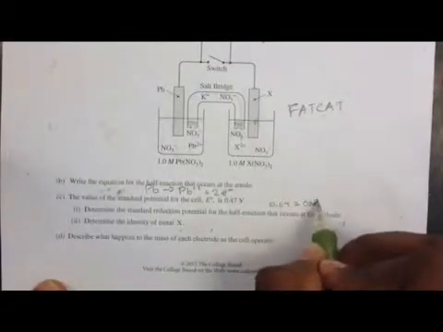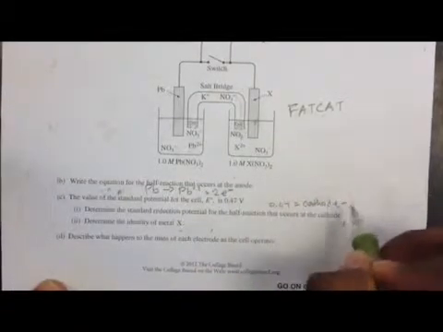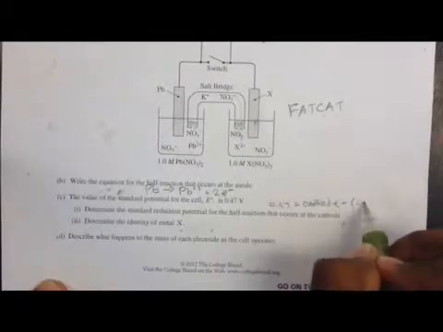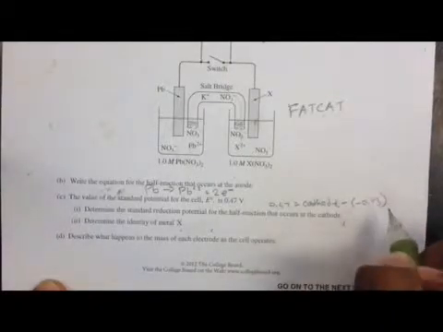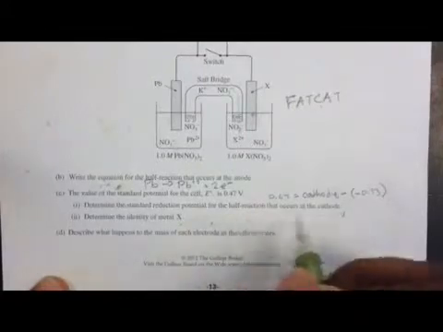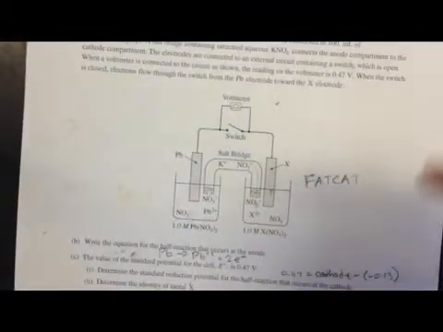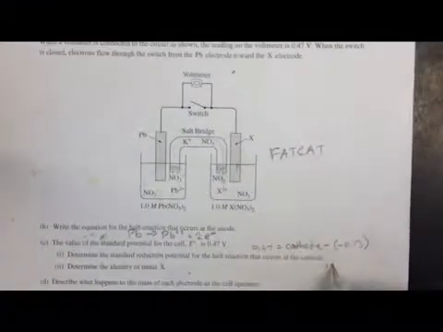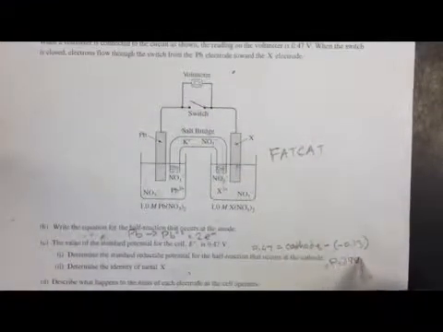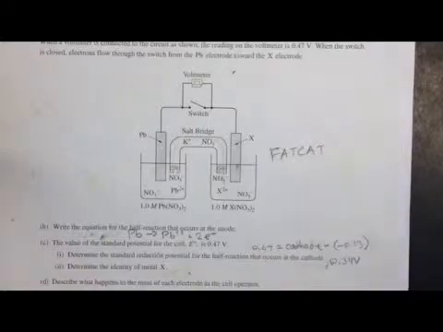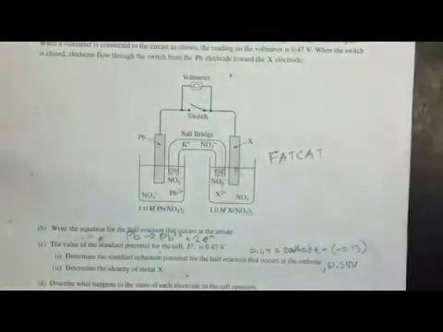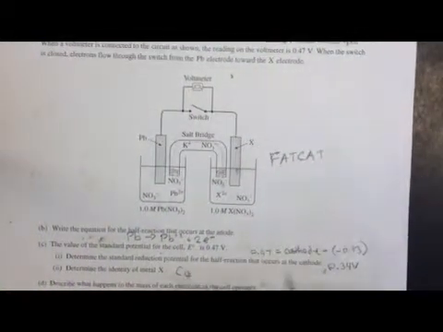So cathode minus negative 0.13. And then when we solve for that, we get 0.34. And then when we look back at our chart and look for 0.34, we find out that the metal is copper.